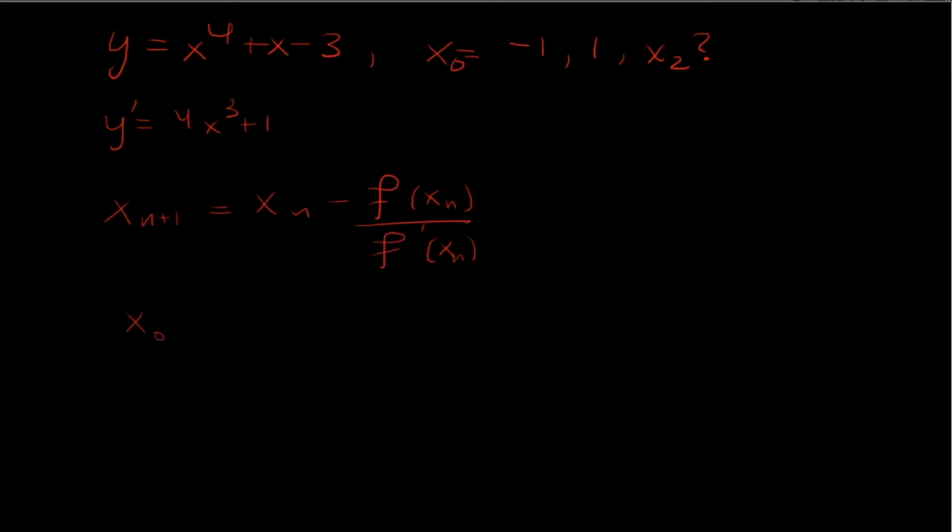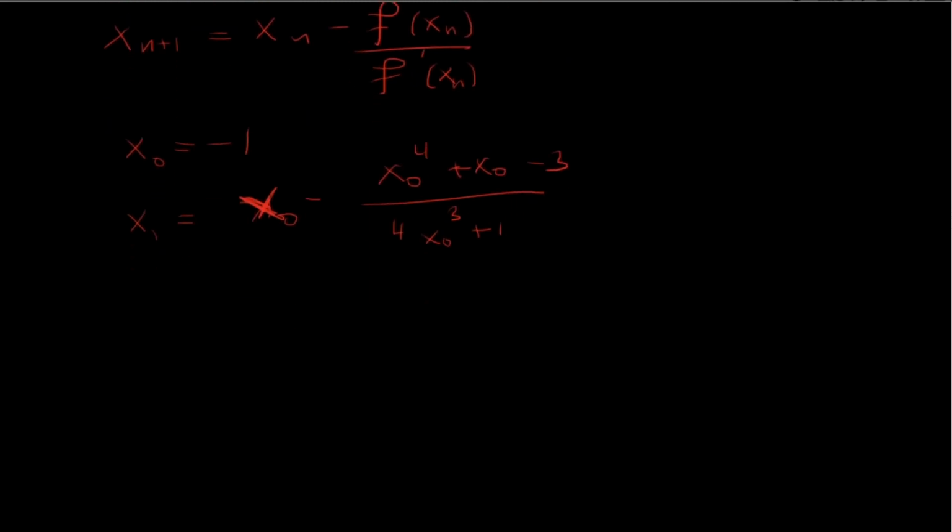Let's start with x0 equals negative 1. Okay, so x sub 1, we'll plug in at n equals 0, so that'd be x0 minus, I guess we could just do it an extra step. So this will be x0 minus x0 to the fourth plus x0 minus 3 over 4 times x0 cubed plus 1. Since x0 is negative 1, we're going to plug that in.